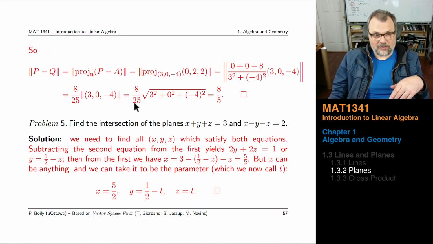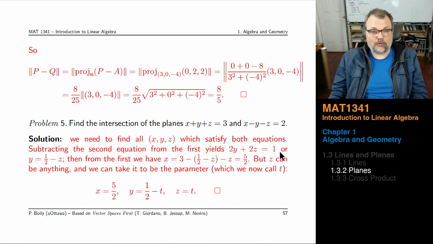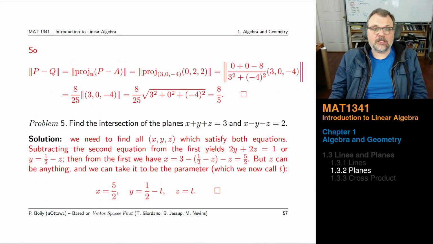And this is always going to sort of play nicely because of the formula that we're using right here, right? These are the same sort of quantities. And so you can cancel out a 5 in the numerator and a 5 in the denominator, and you get 8 over 5.